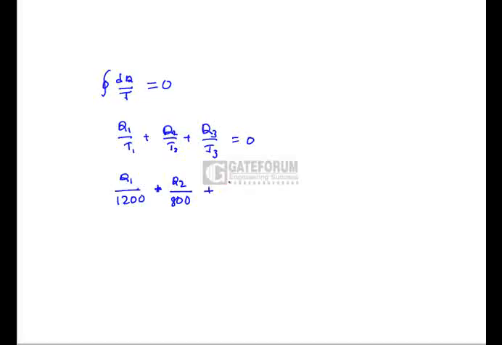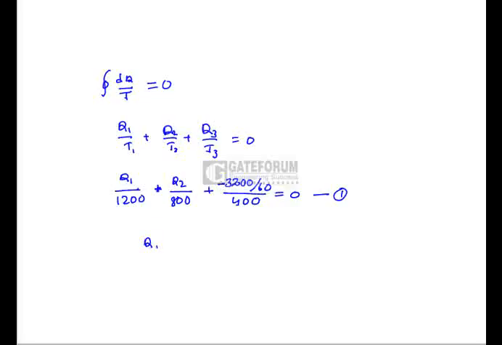Let us say 3200 by 60, so that we get kilowatts, at 400 Kelvin, and it is a minus value because heat is rejected from the system to the reservoir. This is one equation.